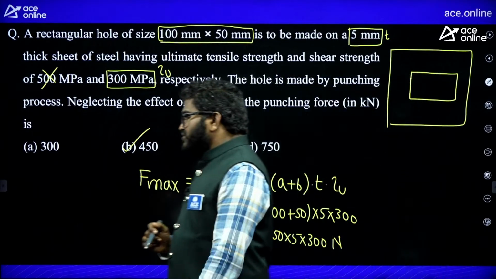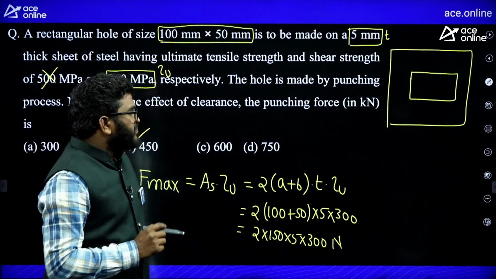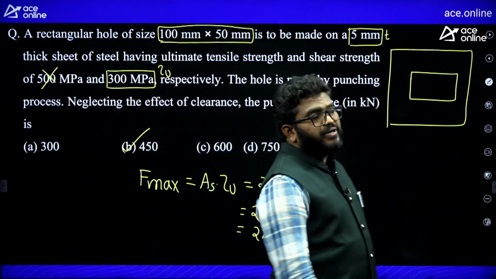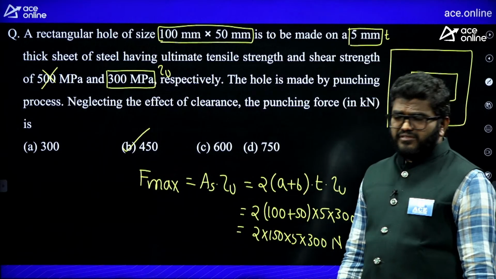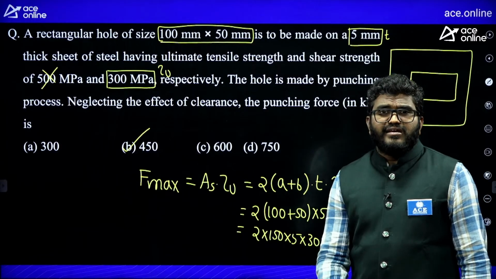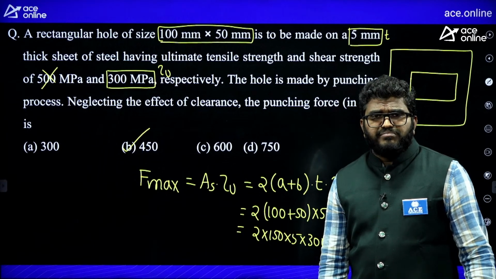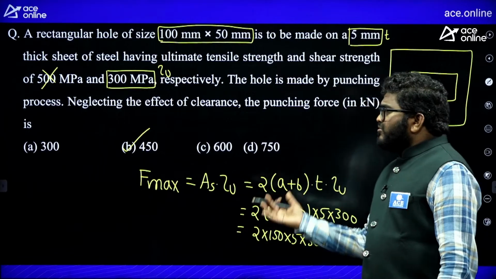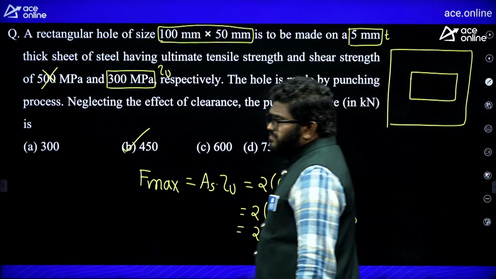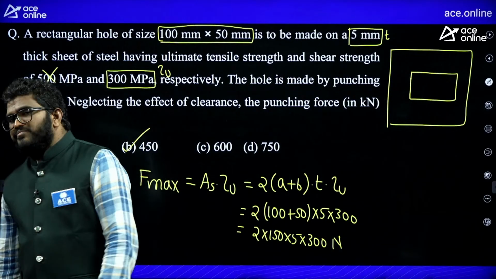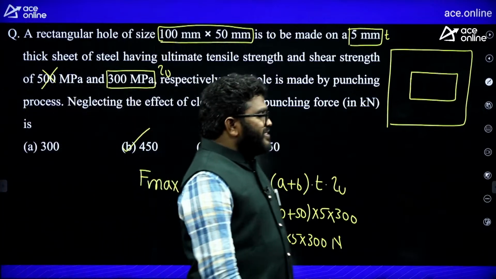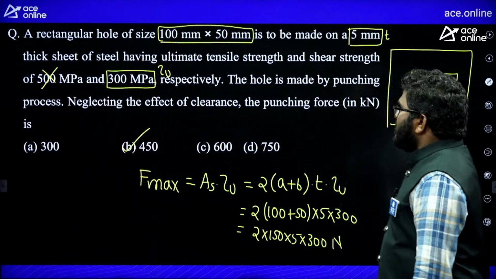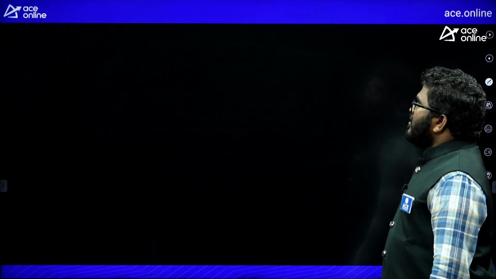This type of questions they will ask you for your ESE exam and other competitive exams. Recently there was an exam, I think on Sunday or some other day, and a question was asked from this model, maximum punch force. So this concept is very, very important for your exam.